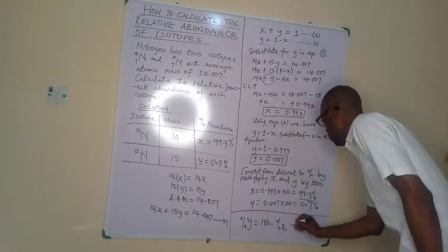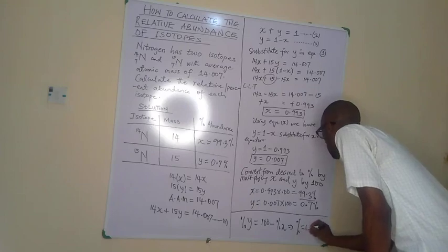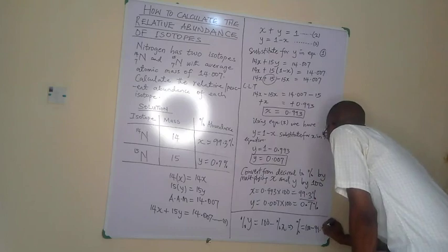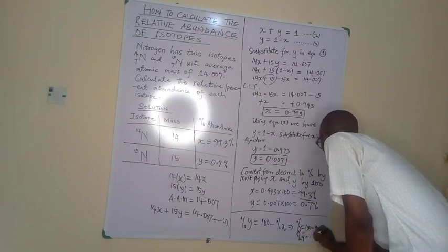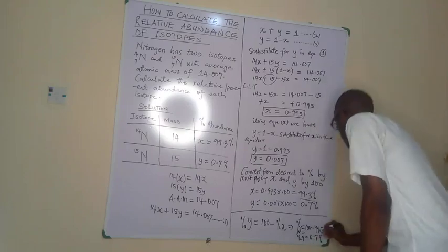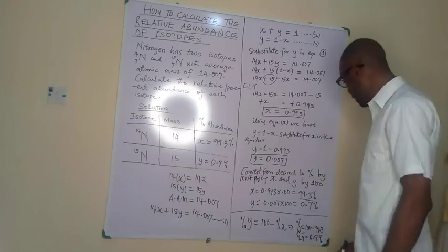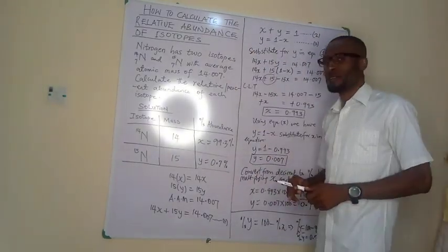If you do that, you will see that percentage y is simply 100 minus 99.3, which is that your percentage y is equal to 0.7%. So this is how to calculate, of course, the relative abundance of isotopes.